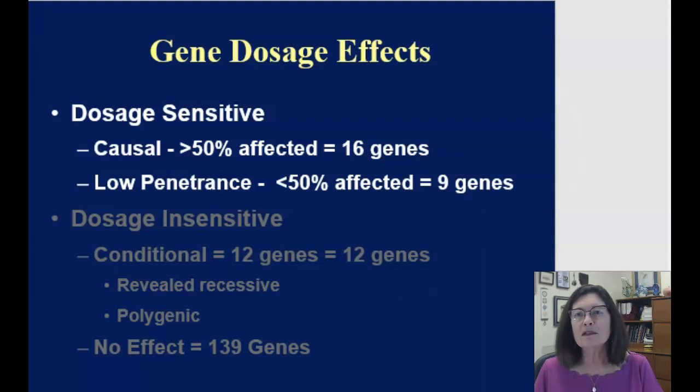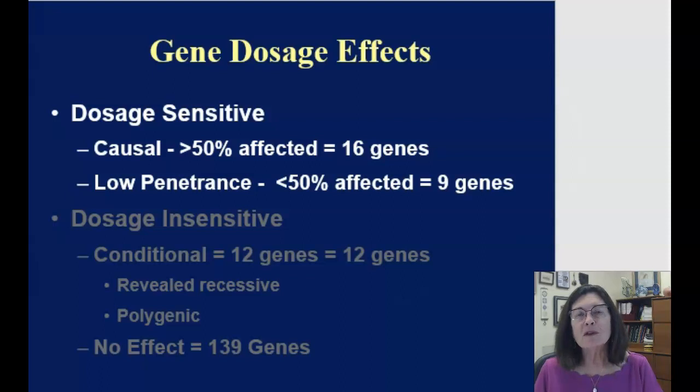The ones we refer to as causal are ones that if you have a deletion or a duplication, 50% of the people with a deletion or duplication of that gene will be affected with whatever problem it causes. There are 16 such genes on chromosome 18.